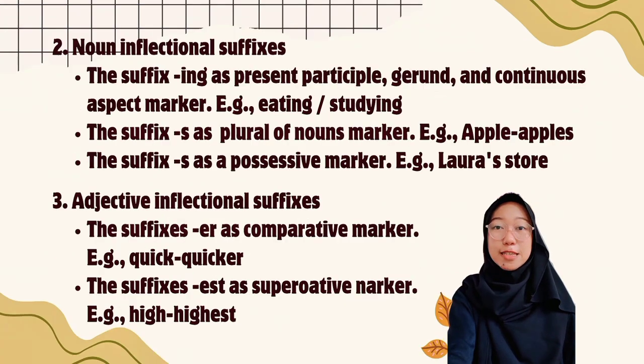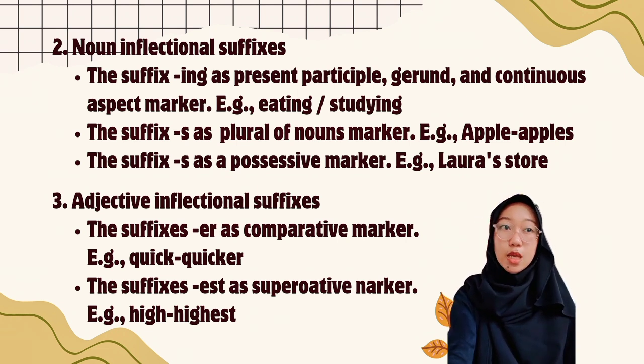The second is noun inflectional suffix. The suffix ing as present participle, gerund, and continuous aspect marker, like eating or studying. And then the suffix s as plural of nouns marker, like apple, one apple, but apples, more than one apple.